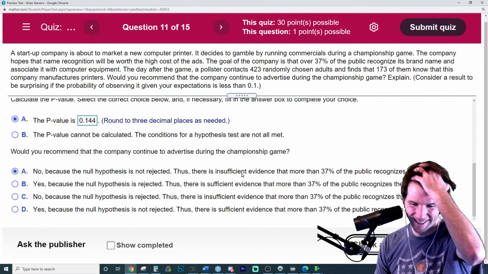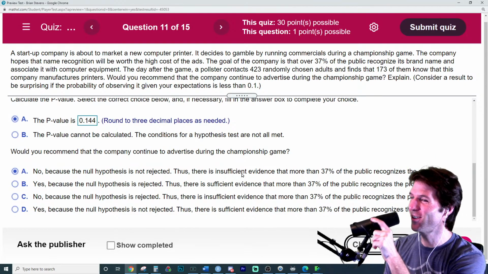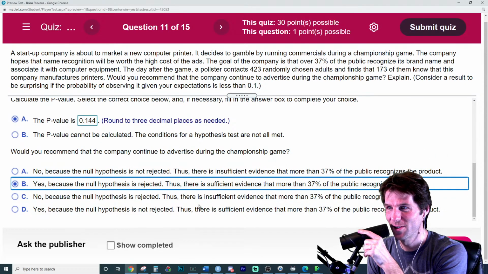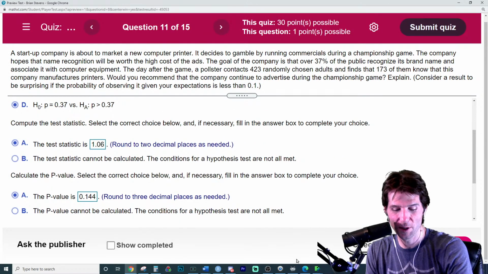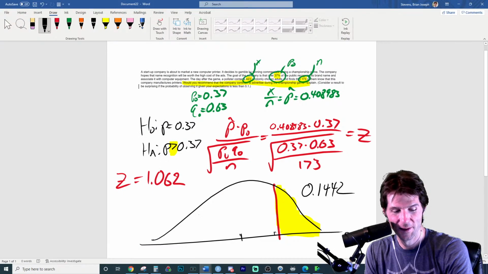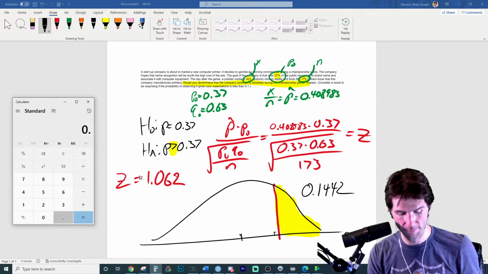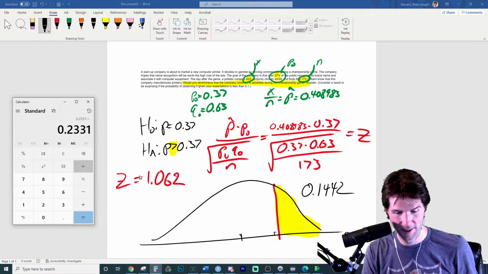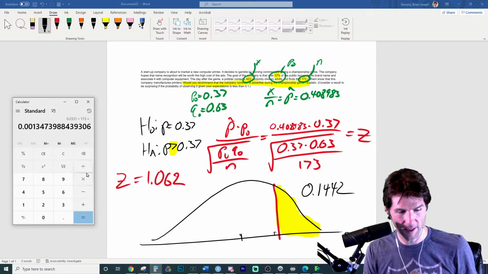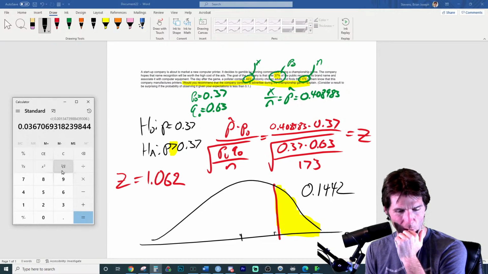What did I do? Oh my gosh. Just because the null is rejected, there is sufficient evidence. Okay, so what did we do? Something went really wrong in my calculations. Wow. Okay, so the calculation here went haywire. Brian made a calculator error. What am I doing?